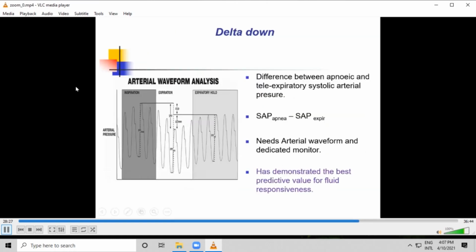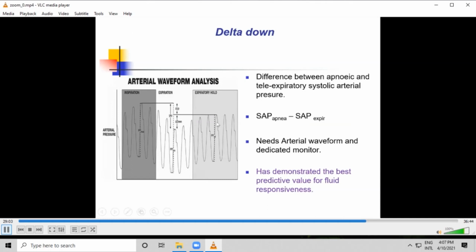So let us discuss the difference between apneic and end-expiratory systolic arterial pressure, which is the delta down. Here we can see in this graph, this is the maximum arterial pressure during the inspiration phase. This is the minimum of systolic arterial pressure during expiration. And the systolic arterial pressure during apnea, this is the expiratory hold.